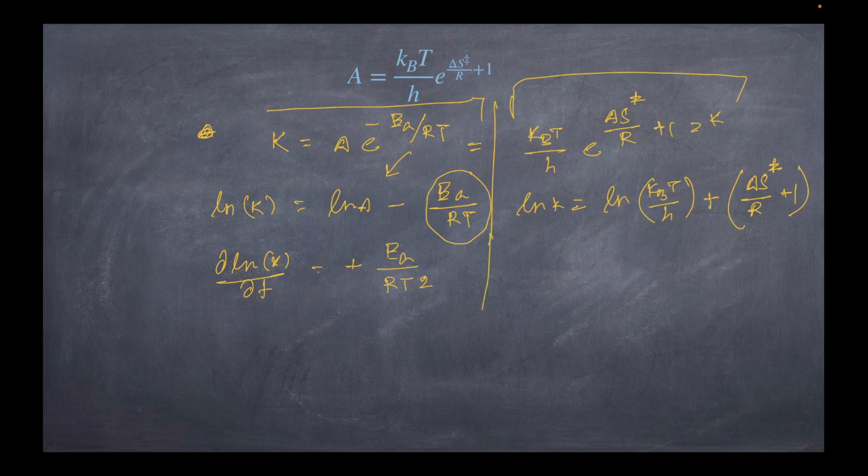Now in the TST case also let's take the derivative d ln k by dT. kB and h are constants, so we can re-express ln kBT divided by h as ln kB by h plus ln T, since the log of a multiplication is a summation. The constant term will be equal to 0 upon taking the derivative with temperature, and ln T gives 1 upon T.